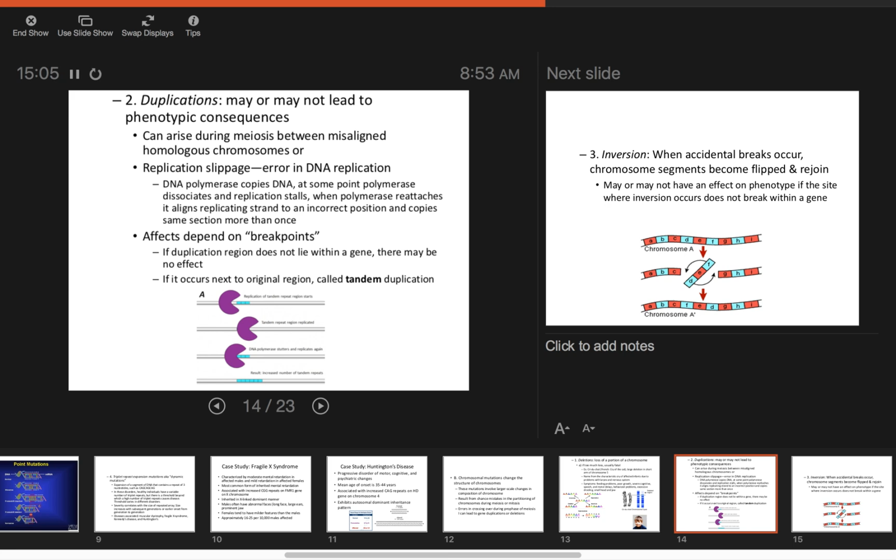So it goes back and restarts, reads the same 3, adds those 3, and then falls off again. Now we just keep adding repeated segments into our DNA. They call them tandem repeats. As a result, you can get duplication of genes that could be bad, or it may have no effect at all, depending on where it is.